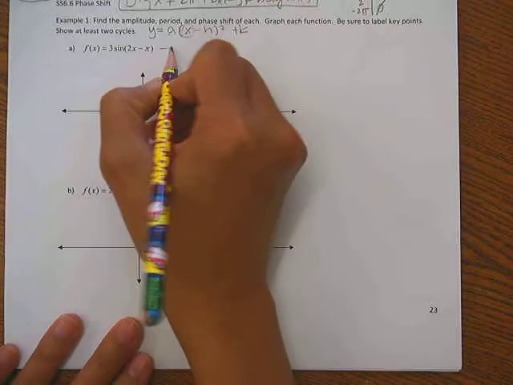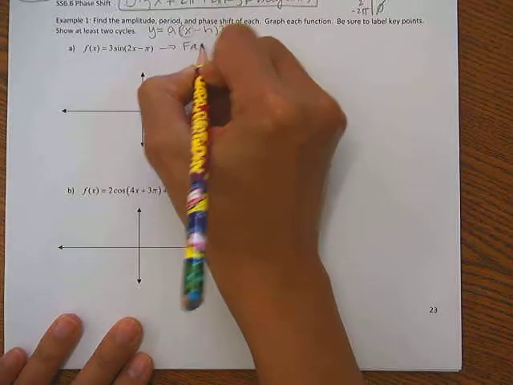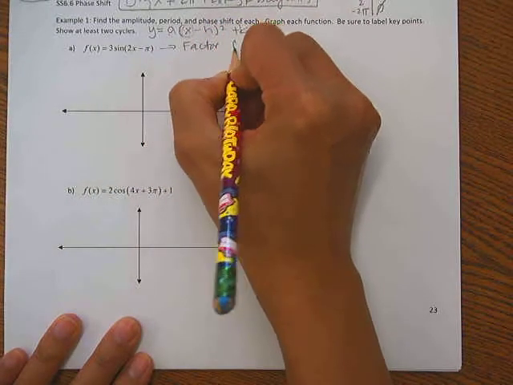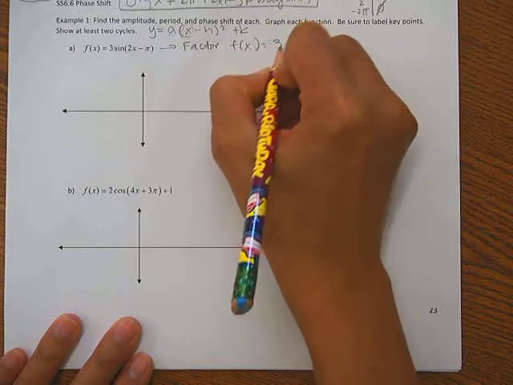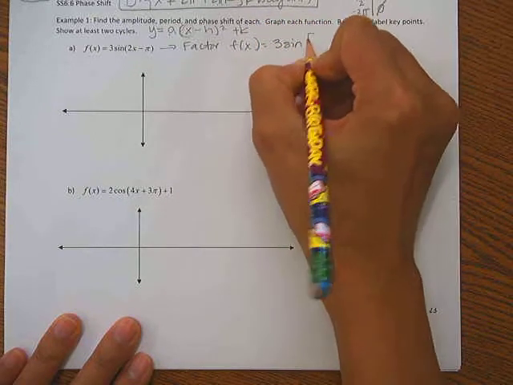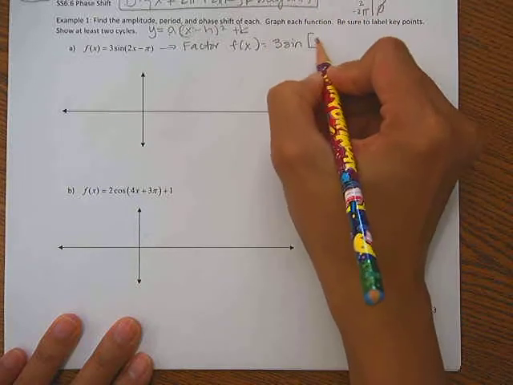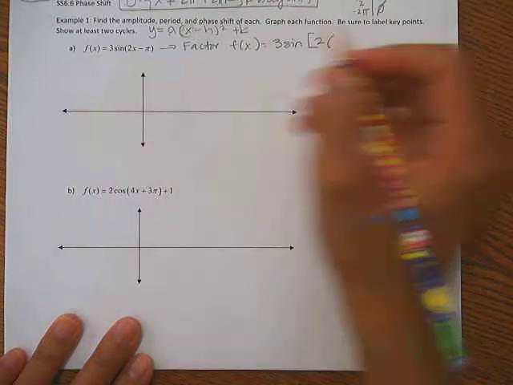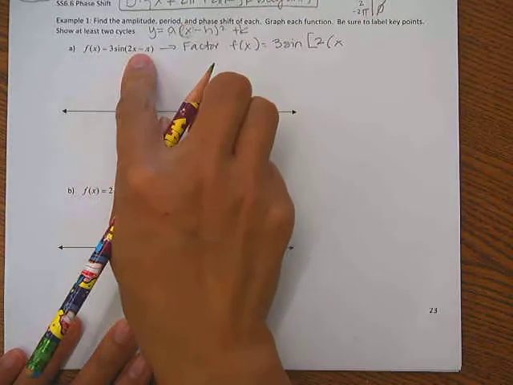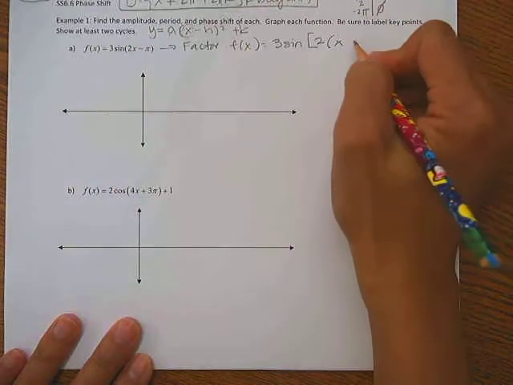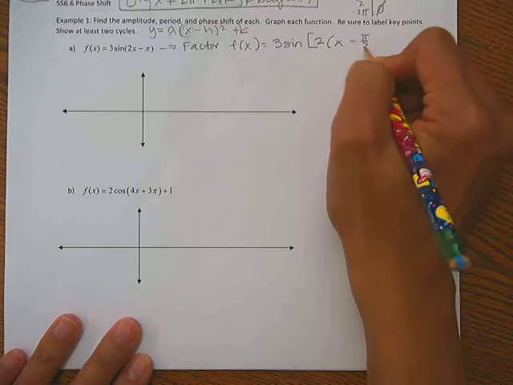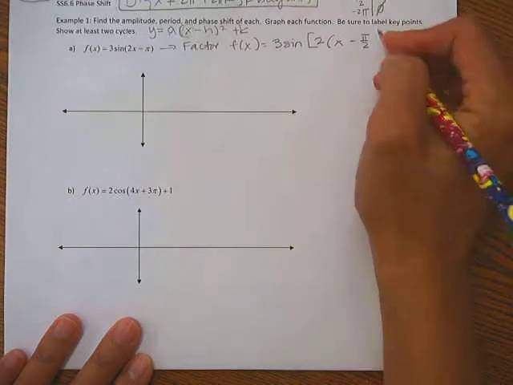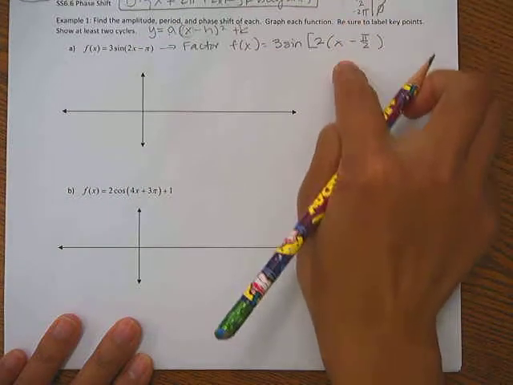So from here, we are going to factor. So f of x equals 3 times sine, big square bracket, because I'm going to take out a 2. If I factor out a 2, I have an x left. If I factor out 2 from pi, that's really dividing, so x minus pi over 2.